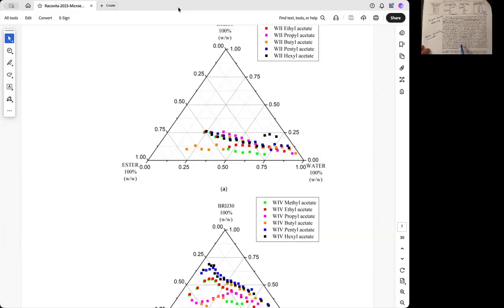So let's read that again. Well, let's read it to the end. "Further, the high volatility of methyl acetate, boiling point 57, is pretty volatile, 57 Celsius, makes it an inconvenient ester for practical purposes. On the other hand, these inconveniences no longer exist in the case of propyl acetate, boiling point 102."